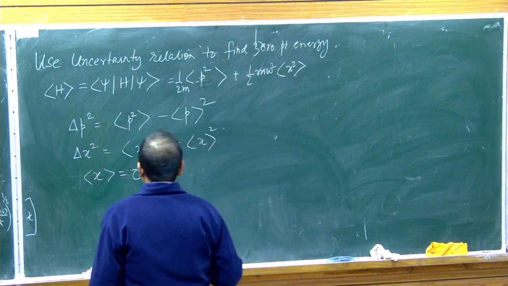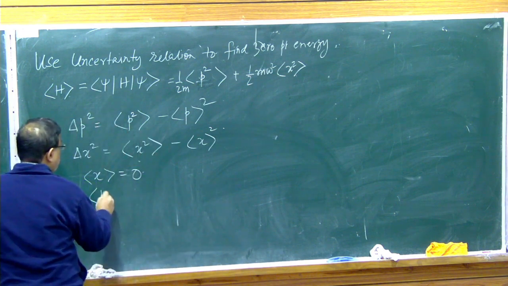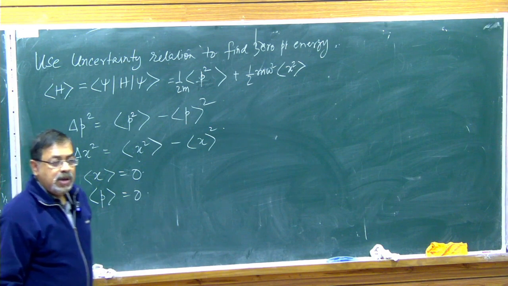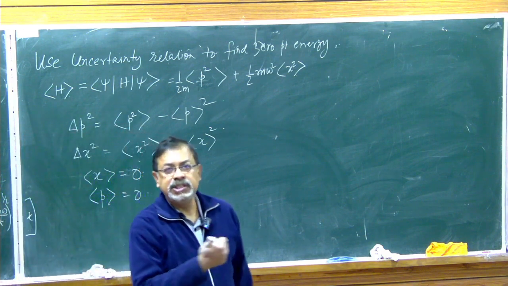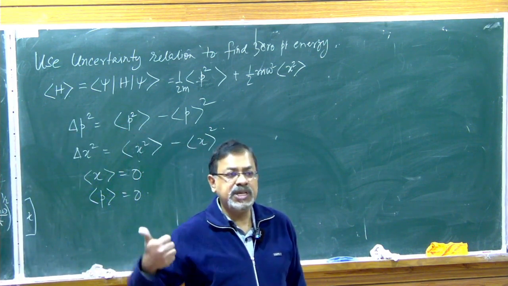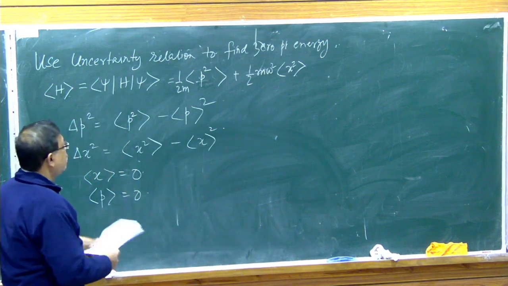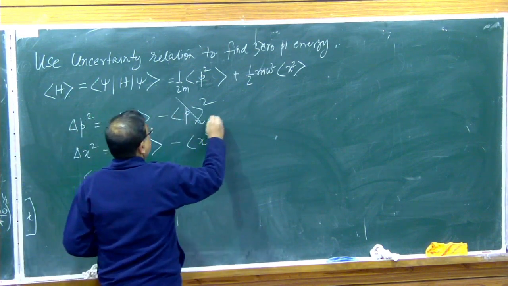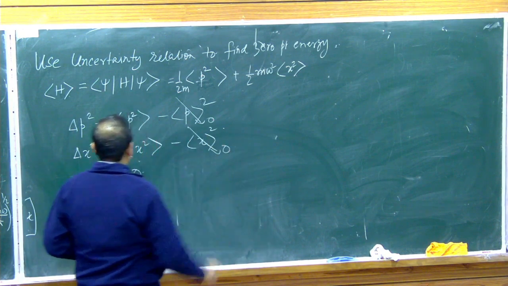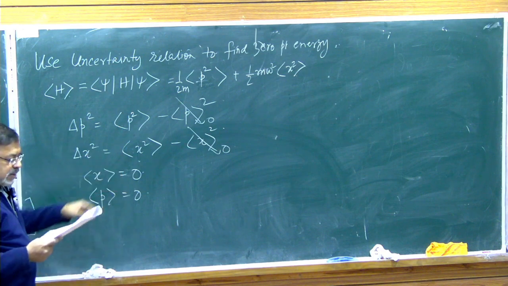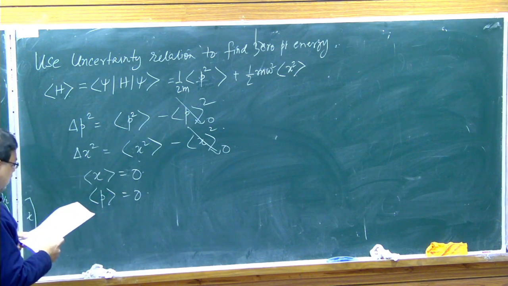The expectation of p is also 0, because the particle can have velocities both equally likely to be in the left and in the right. So this is equal to 0, and this is equal to 0. That leaves us to calculate p square and x square and so on.